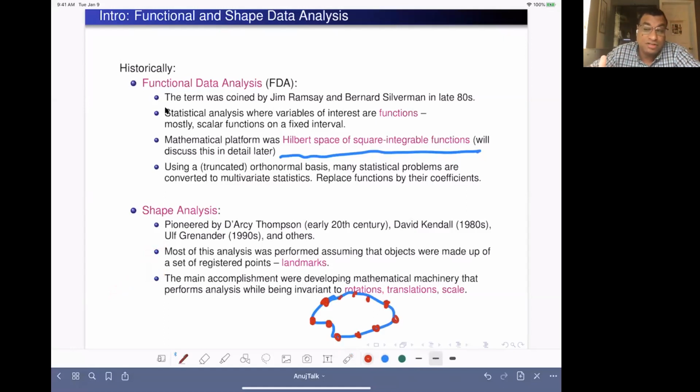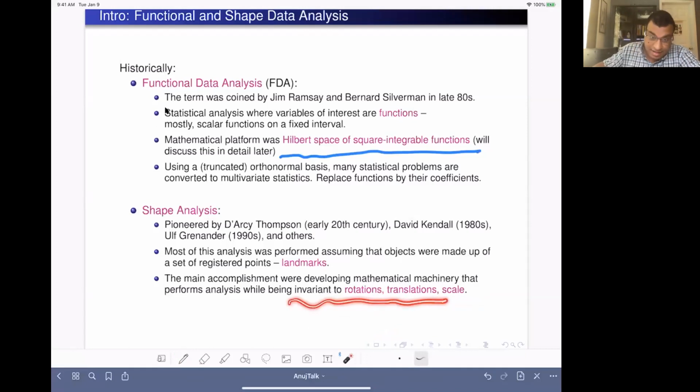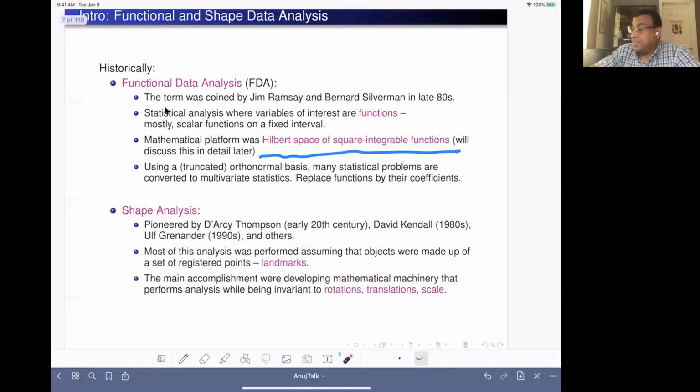And you'll forget about the contour and you'll restrict your analysis completely to these points, and these points were called landmarks. In fact, the main contribution of David Kendall was to be able to use this kind of representation and formalize analysis of shapes. Okay? And I will talk more about these invariances. We will see pictorially in many different ways.